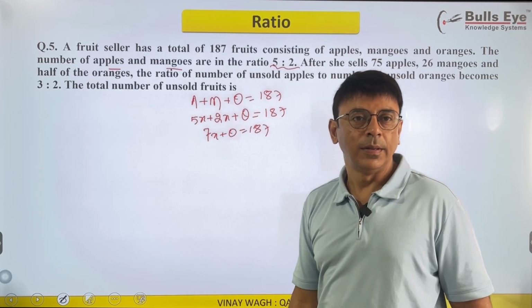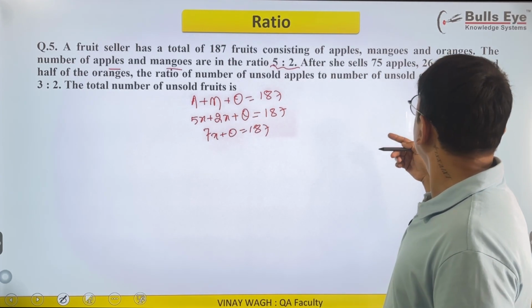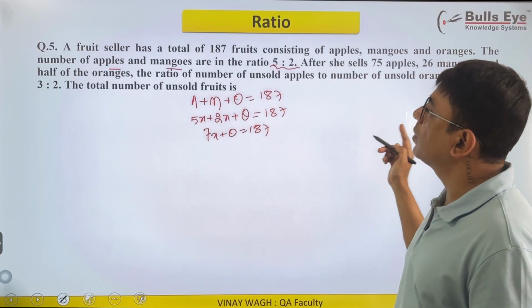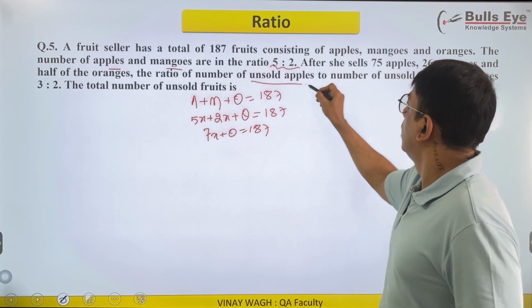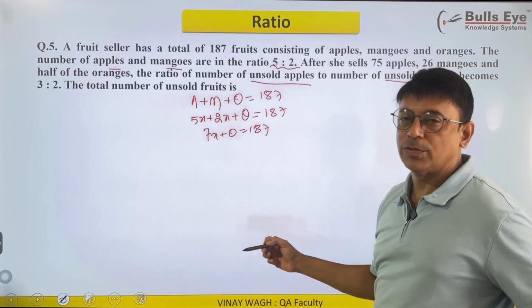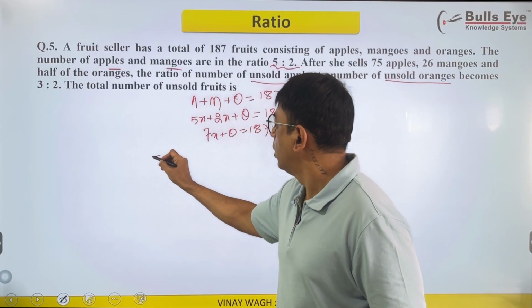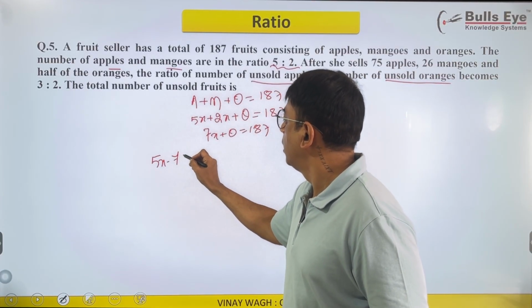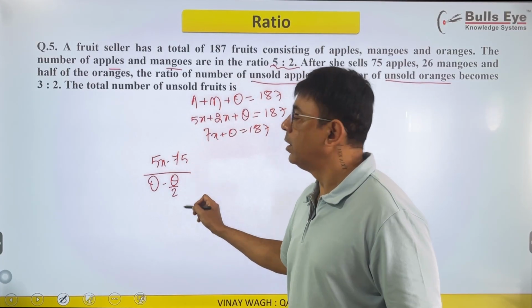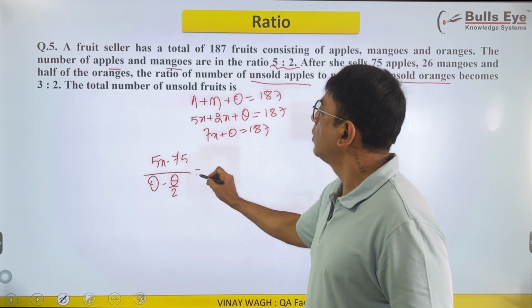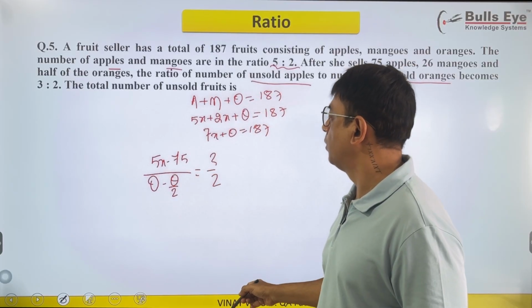Okay. Then what? She sells 75 apples, 26 mangoes, and then the ratio of the number of unsold apples to the number of unsold oranges. So if 75 apples are sold, the unsold are these many. If we have O number of oranges and half of them are sold, these are unsold, and this ratio is 3:2.